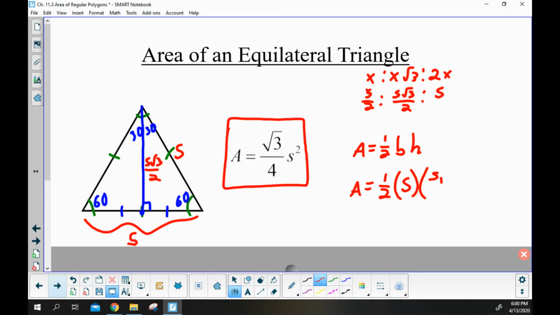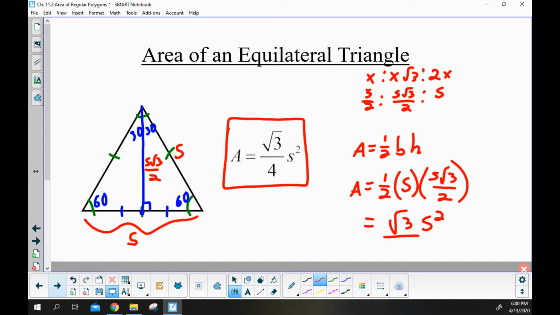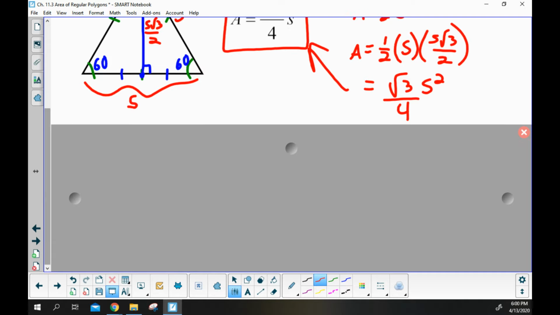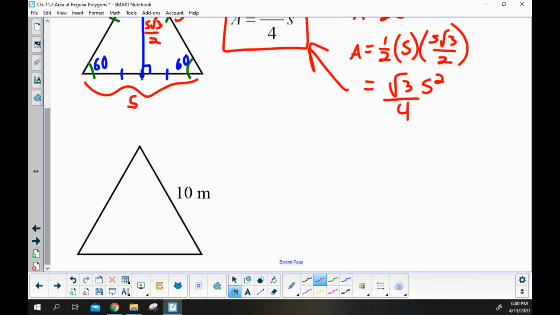So you get S root 3 over 2. And if you multiply all that out, guys, S times S, that's S squared, times the square root of 3 over 2 times 2, which is 4. And voila, you see where it comes from. So there's the proof of why it works. I'm not going to ask you ever to do that, but I do want you to know where it came from. So you do need to memorize this formula.